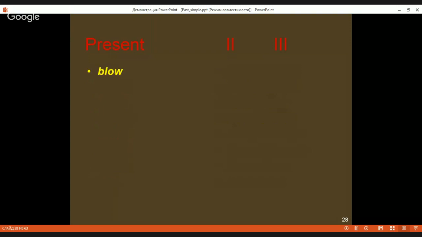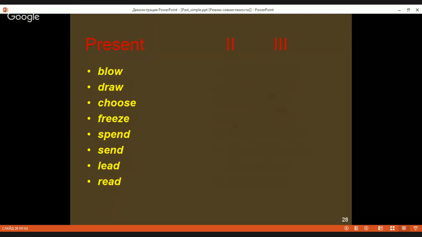So, we have the verbs such as blow, draw, choose, and freeze, spend, and send, lead, and read. Again, the hint for you is that each pair of verbs follows the same algorithm. Take a couple of minutes to write down the forms.